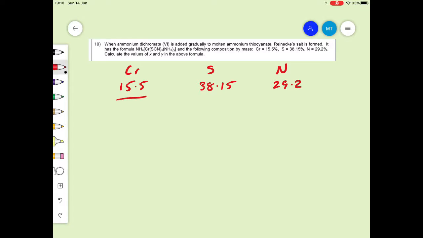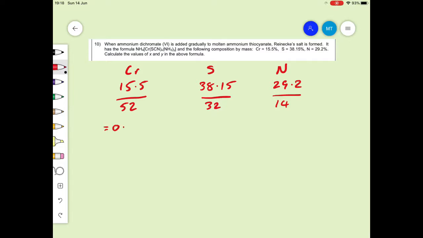We find the number of moles of chromium, so that's 15.5%. Remember, with percentages you can just use them as masses: divided by 52, 38.125 divided by 32, and 29.2 divided by 14, and find the moles of each.